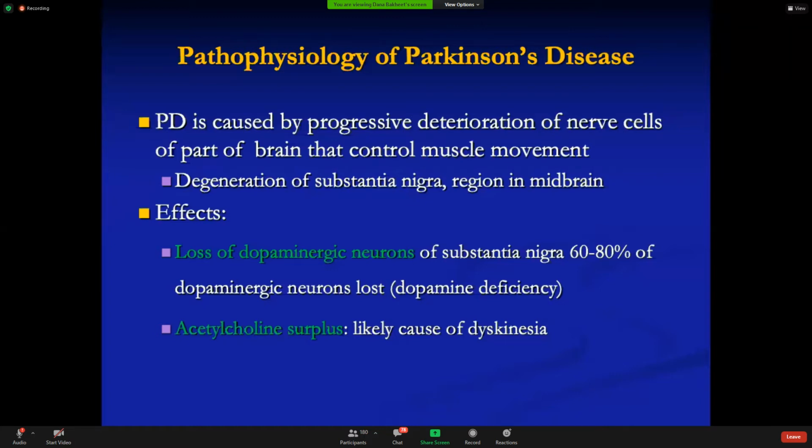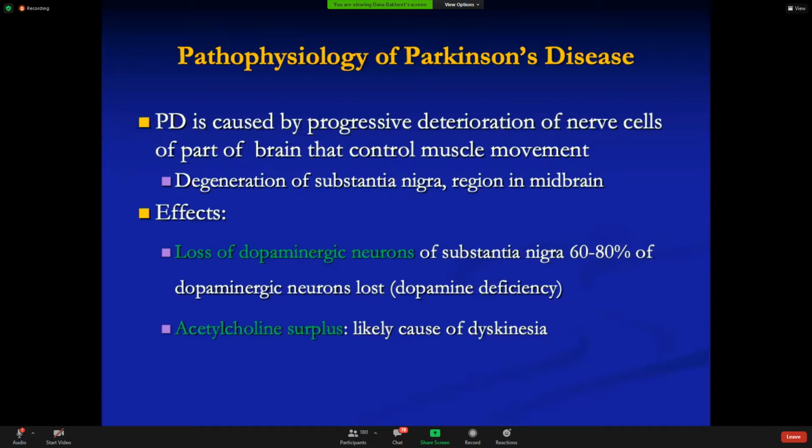Now, the major one, you have to remember it: loss of dopaminergic neurons, whereas in Alzheimer's it is loss of acetylcholine. So you have loss of dopaminergic neurons in the substantia nigra, 60-80%, which we call the dopamine deficiency hypothesis.